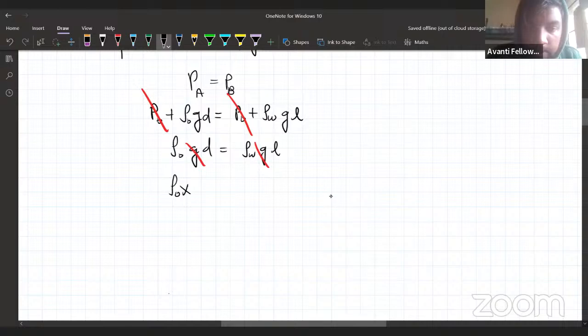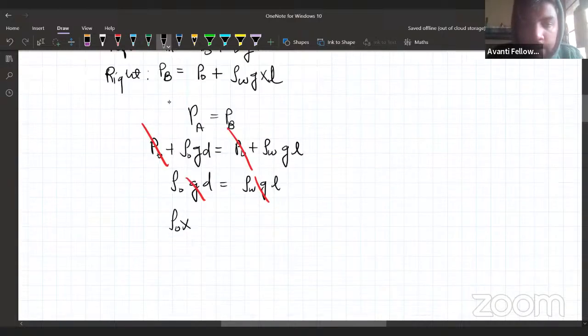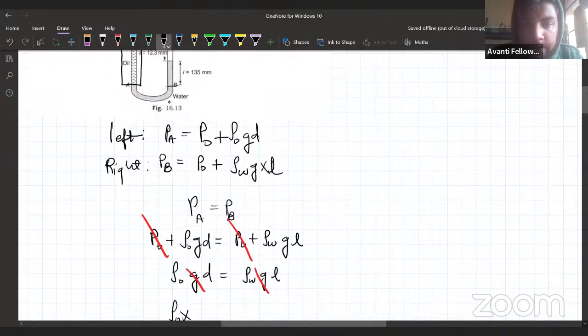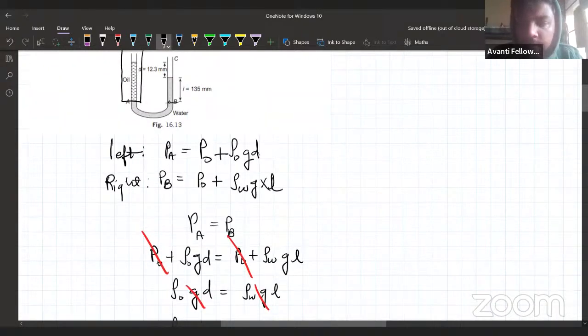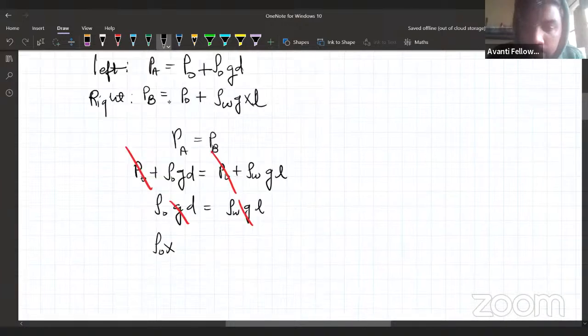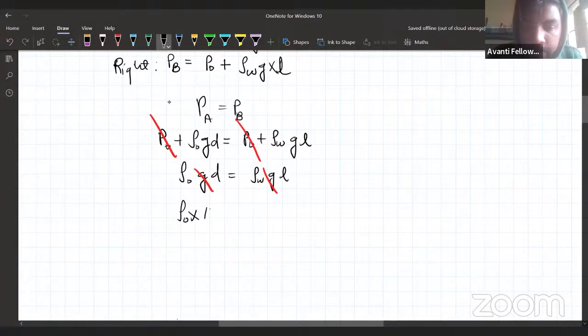What is D? D is 12.3 millimeters. You don't have to convert it because ultimately both sides are going to cancel out. What is rho of water? 1000.